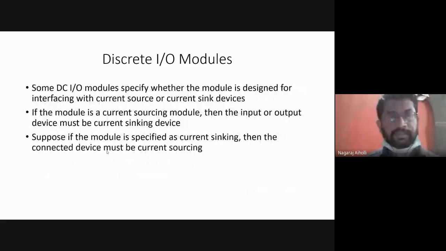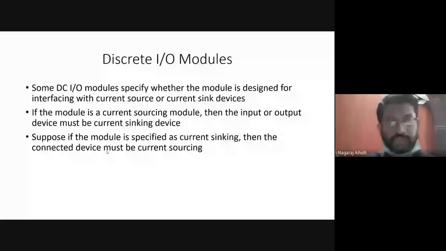Some DC IO modules specify whether the module is for current source or current sink. This is one more important point here. Now, the meaning of current source. Current source means they are sending the current from the IO module to the field device. That is called current source.